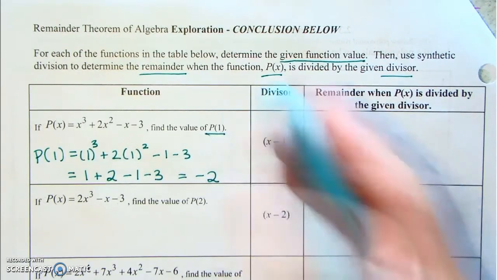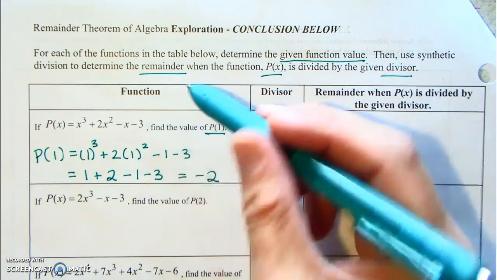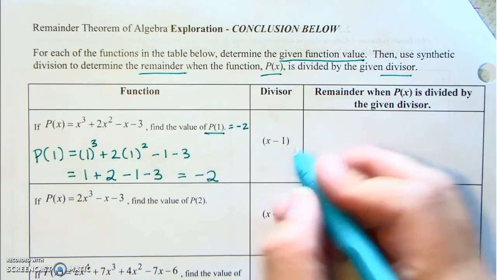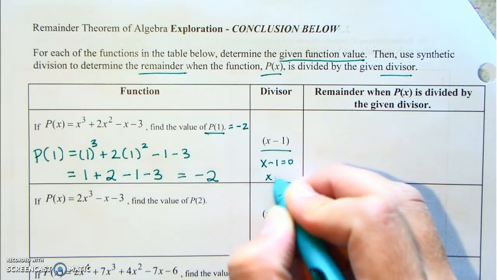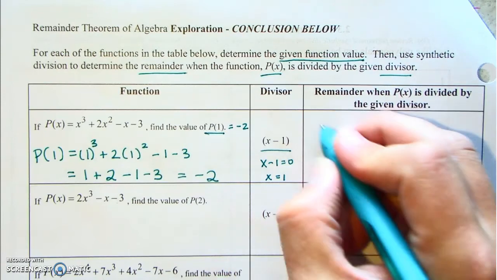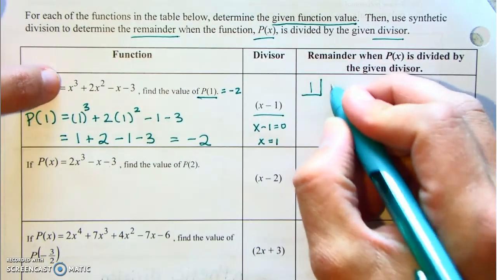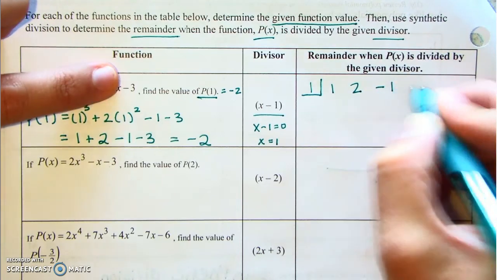Okay, I found p of 1. P of 1 equals negative 2. Check. Then use synthetic division to determine the remainder when p is divided by the given divisor. Okay, here's our divisor, which means x minus 1 equals 0, so x equals 1. So we're going to put 1 here. More synthetic division. You ready? Coefficients. 1, 2, negative 1, negative 3. Double check.